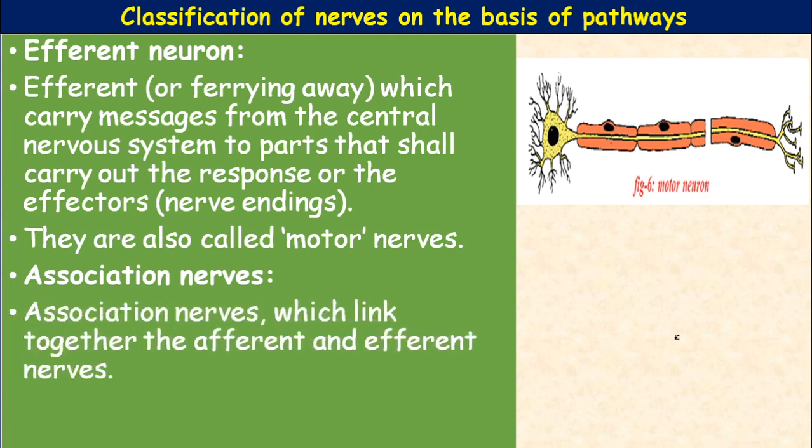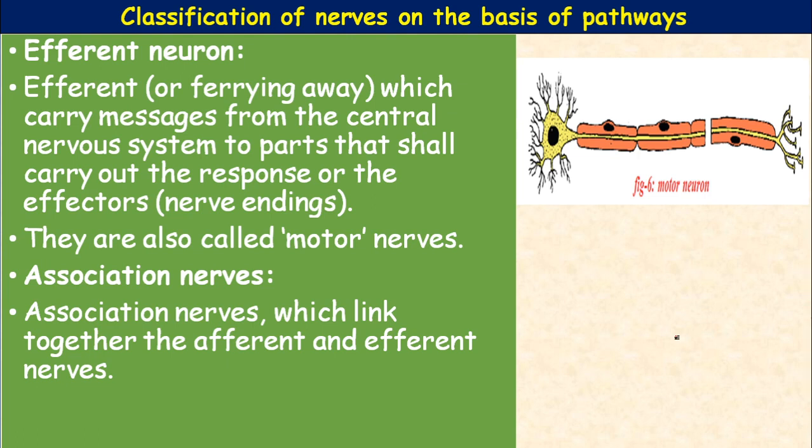Association nerves link together the afferent and efferent nerves. Afferent means sensory. Efferent means outgoing, motor. So efferent means motor neurons, afferent means sensory neurons.